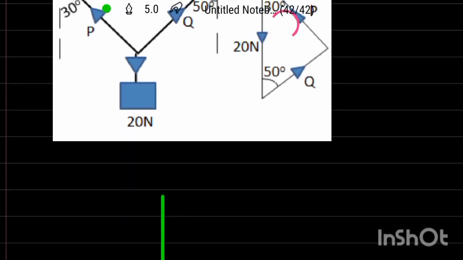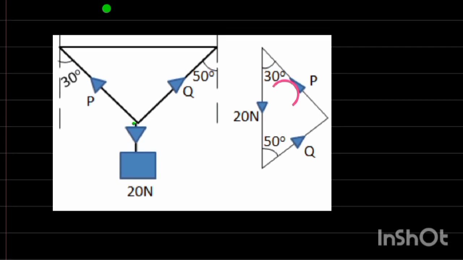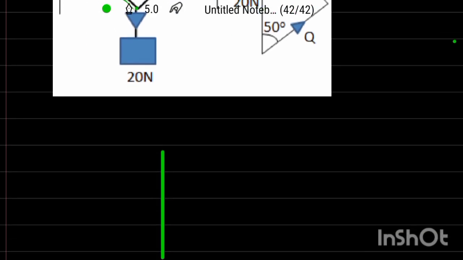And then if you look at this, P is going towards this direction. So I can decide to draw my line to go in that direction also, either from the end or from the beginning. So I will go to the end of this vertical line, which represents the weight, and draw an arrow in that direction.